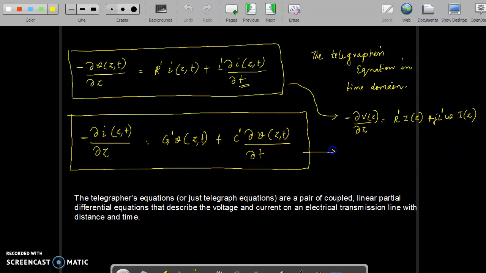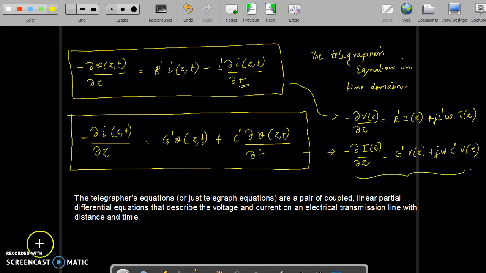Similarly, the current equation can be converted to the phasor equation, with plus j omega c dash V of z. Now I am taking these two equations to the next page.